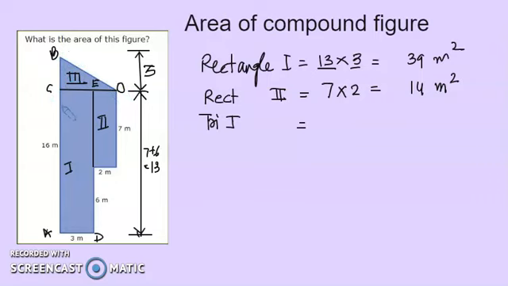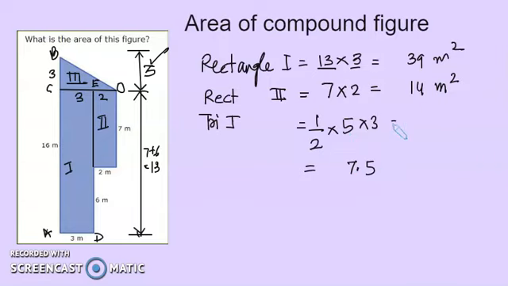In triangle BCO, the base is this length 3 and 2. This is 3 and this is 2. And height is this length 3. So area of triangle is half into base 5 into height 3. That is 15 by 2 or 7.5.